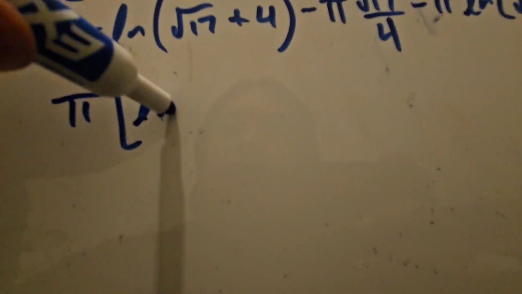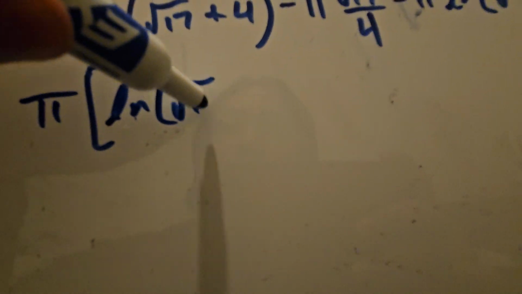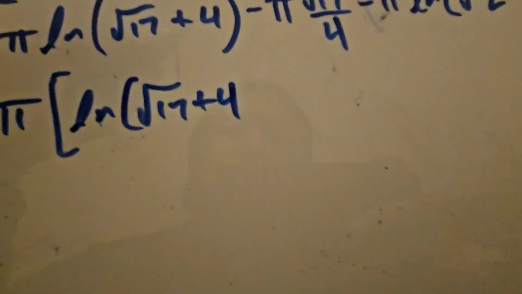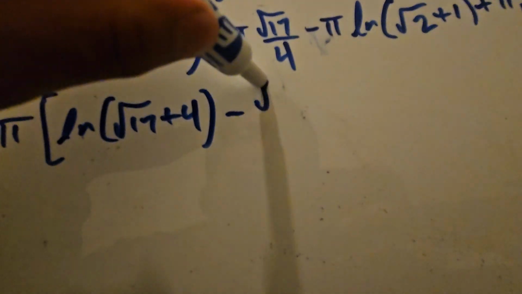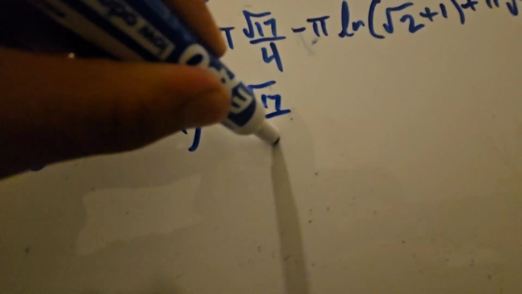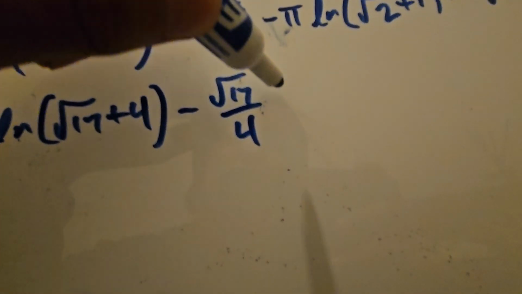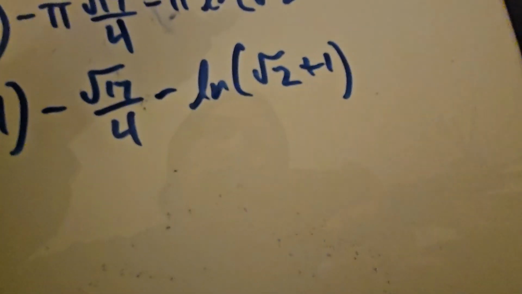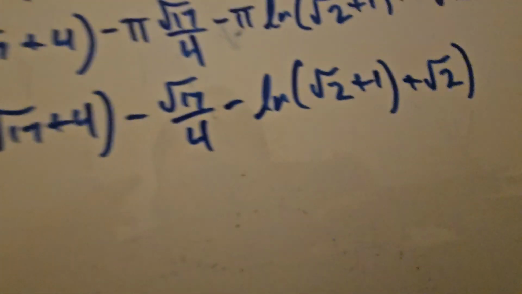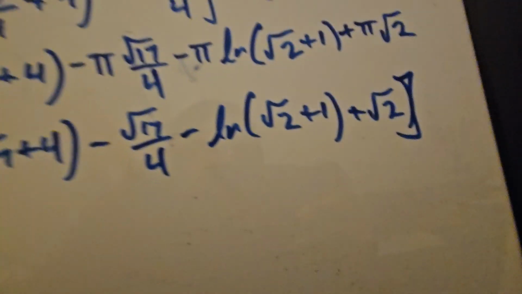Positive pi, that's ln root 17 plus 4 minus, factor out the positive pi, 17 over 4 minus natural log root 2 plus 1 plus root 2. Let me check real quick if this is correct first.